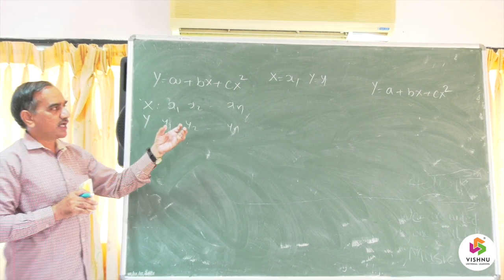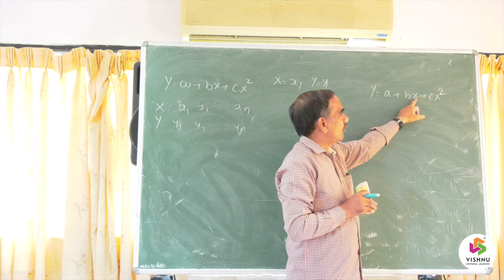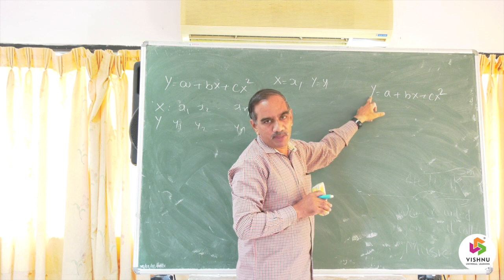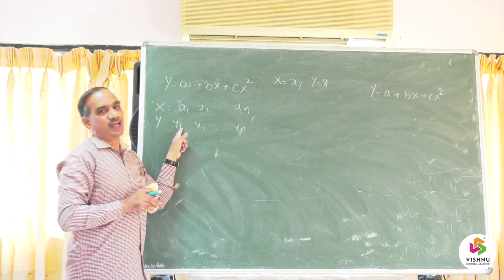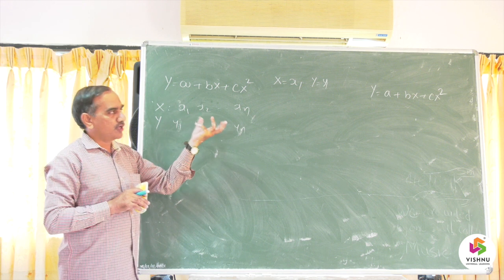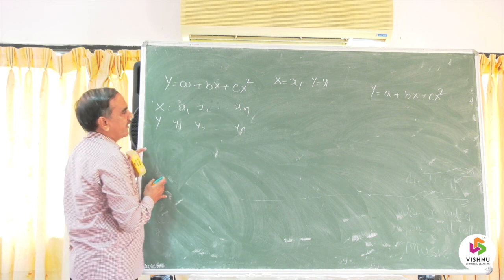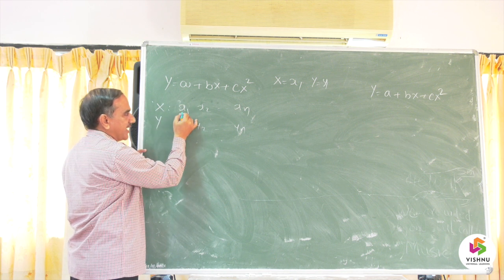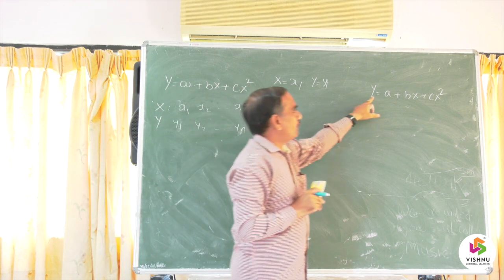So it is the best curve means whenever you substitute a value of x, it gives the best value of y. It should give the best value of y, which is equal to the y value given in the data. Then it is said to be the best fit. So let us clarify it. x is equal to x1. If we substitute the x1 value in the equation, we will get some value of y.